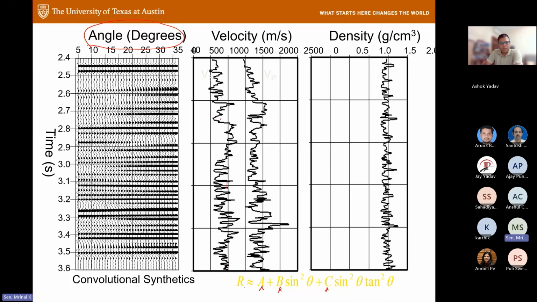What it means is that our contrasts in P wave velocity, called alpha, shear wave velocity, beta, and the density, rho, are small, in the sense that delta alpha over alpha is far, far less than 1, delta beta over beta is far, far less than 1, and delta rho over rho is far, far less than 1. So this is more or less a smoothly varying medium with some small perturbations.